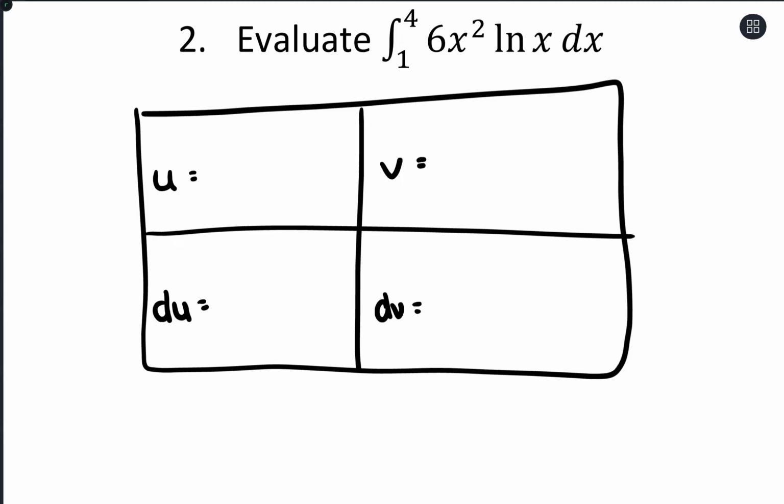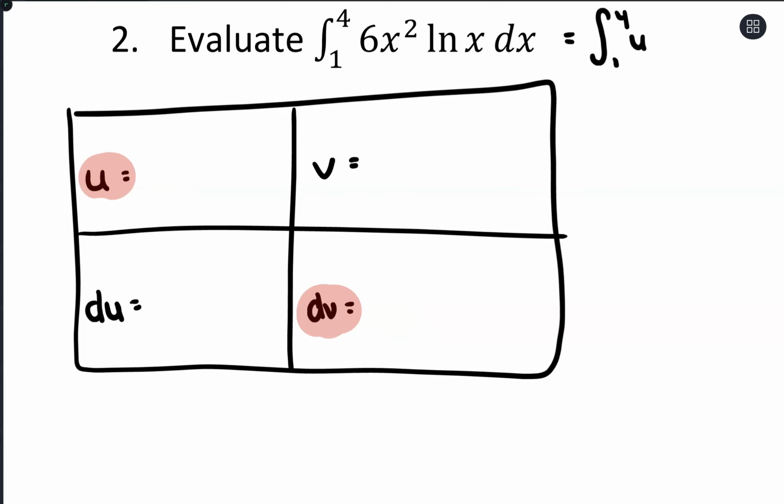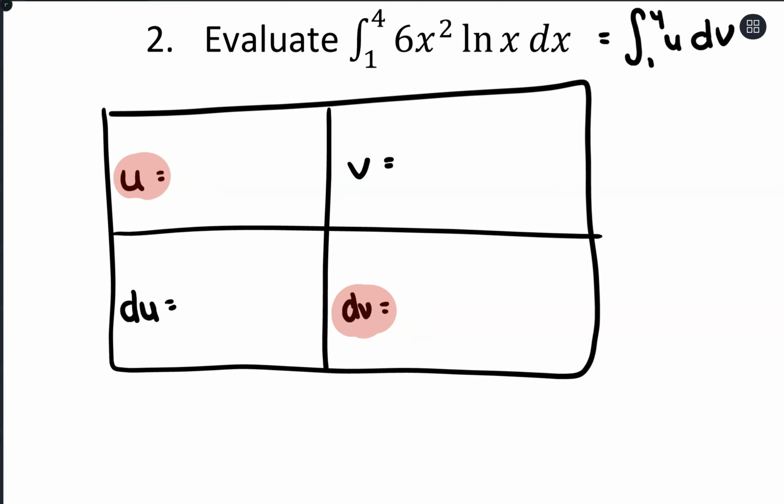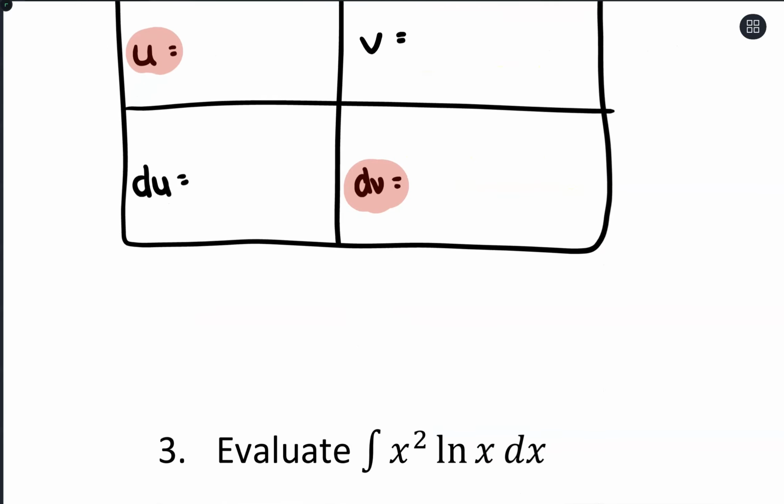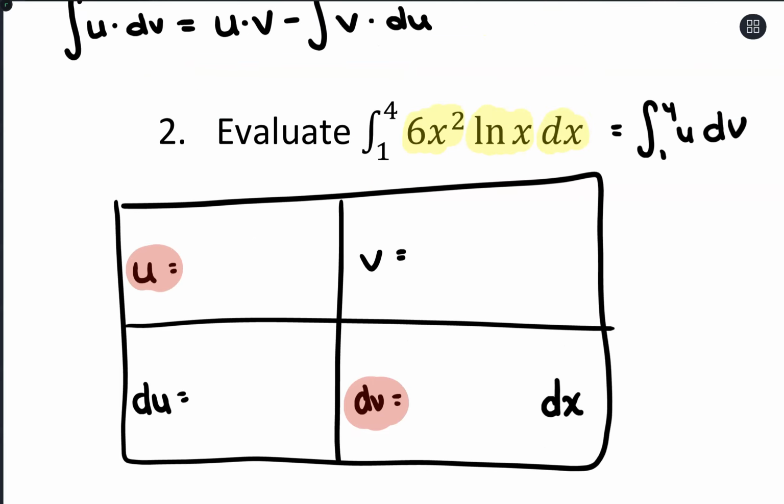And we start by defining u and dv so that we're taking the antiderivative from 1 to 4 of u dv. So with this, the pieces that I see, I have this 6x squared piece, I have this natural log of x piece, and then we have dx, which dx is going to go with dv each time. So if we're not finding dv, just dx can go right there.